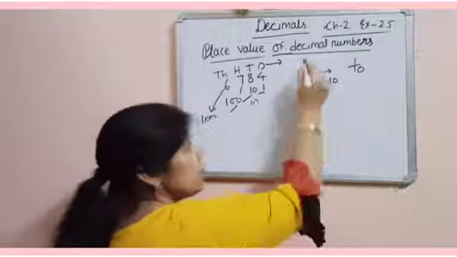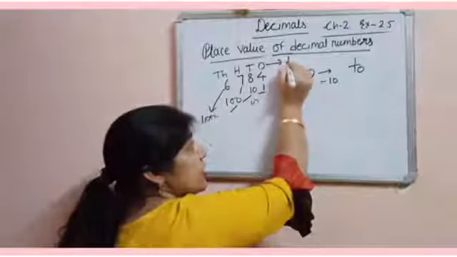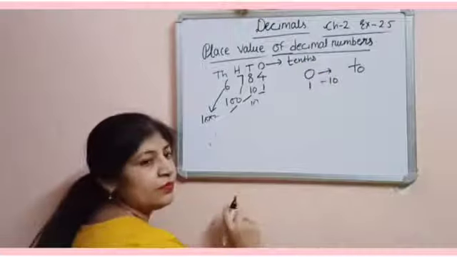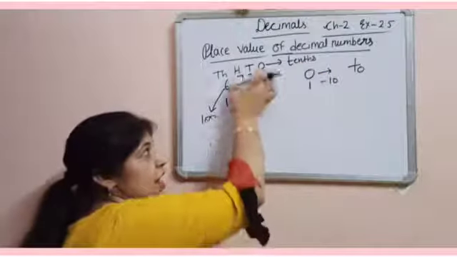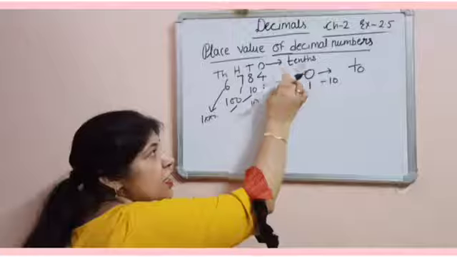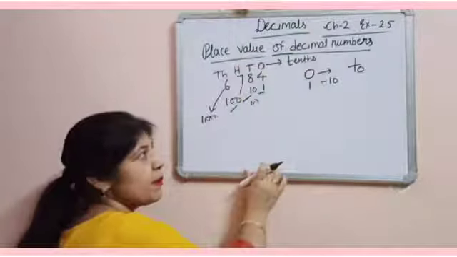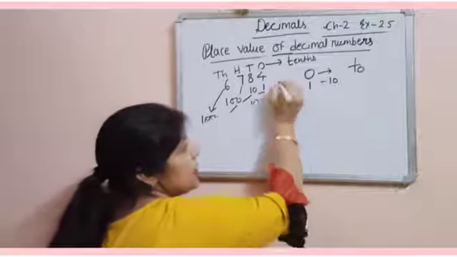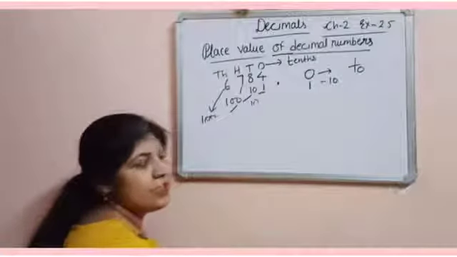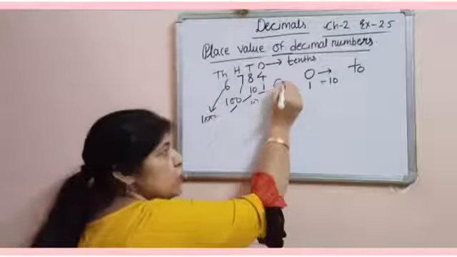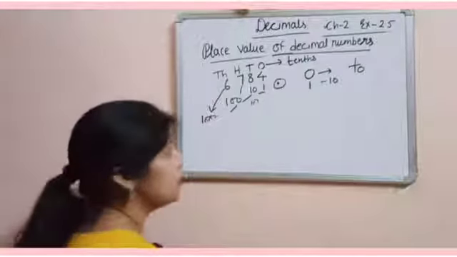So this position is called the 10th position. After 1's, we differentiate this part from the whole number part by introducing a decimal. This point is called the decimal, also called a point.